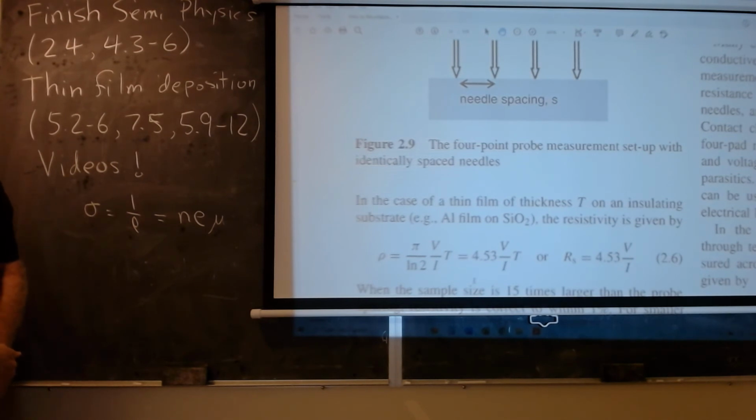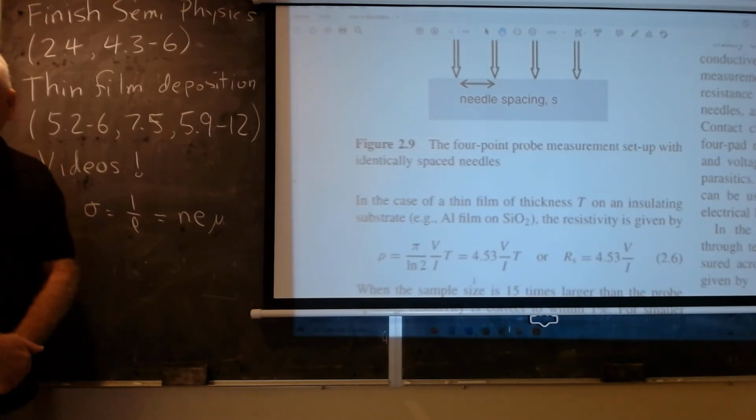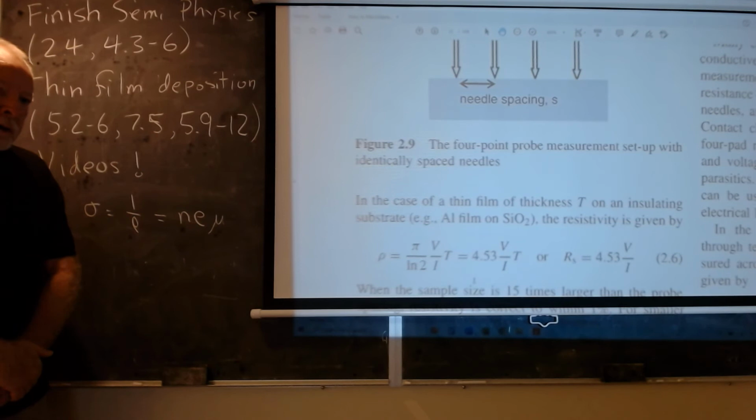And that is one simplification for what we're doing now. All quizzes are open book. And so if I ask you a question about a 4-point probe, you can just open your book to this section. So this is more along the lines of teaching you what you need to know to operate in the clean room. And if you were operating the clean room, one of the first things you might want to know is what's the conductivity of my wafer. And so this is how you measure that.